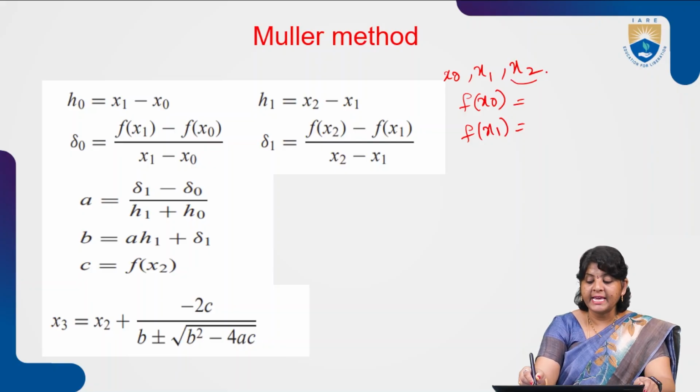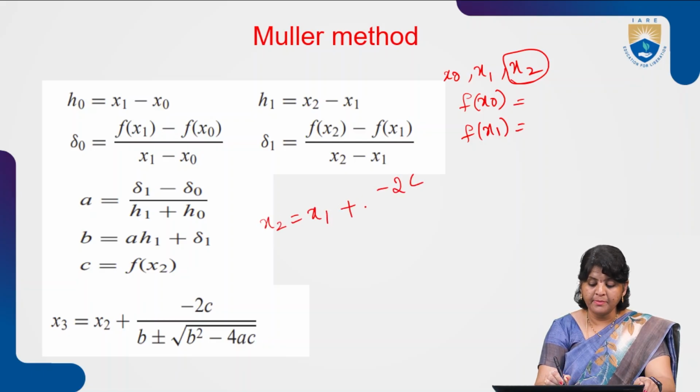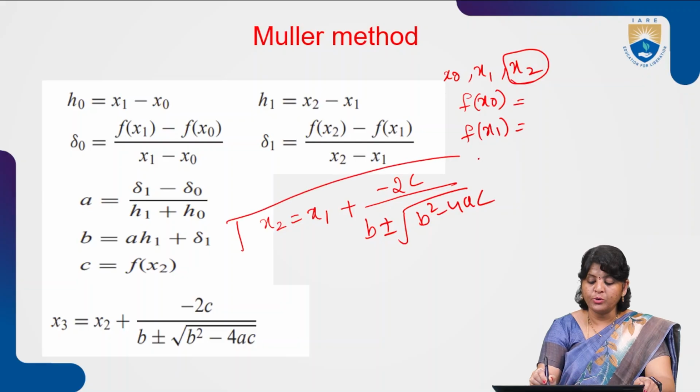To find this x2, we have the formula: x2 is equal to x1 plus or minus 2c by b plus or minus root of b square minus 4ac. This is the formula to find the root value.